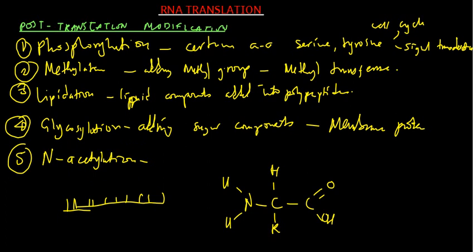So in most eukaryotic cells, when translation is still taking place, the first amino acid, which is methionine, is usually removed and replaced by an acetyl group. So N-acetylation plays a crucial role in gene expression.